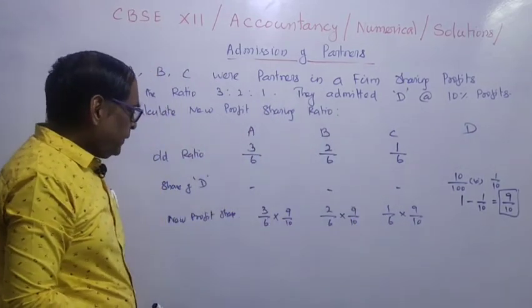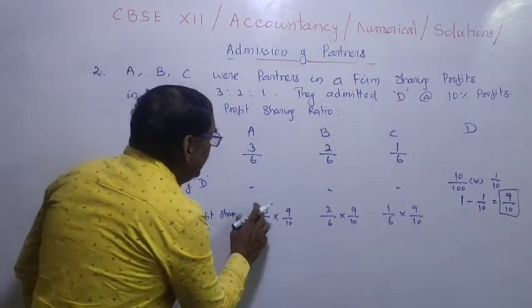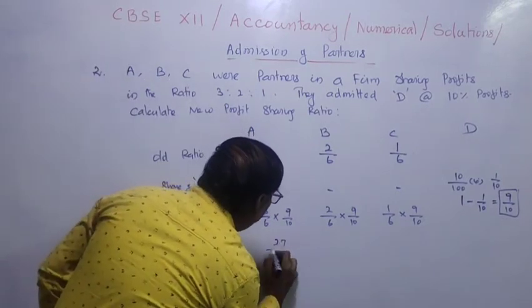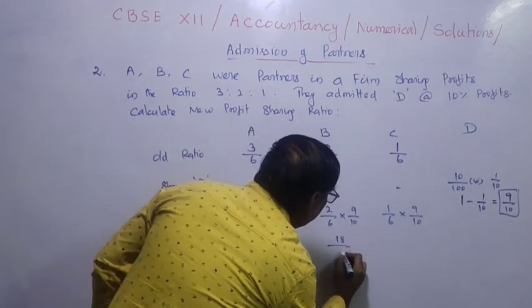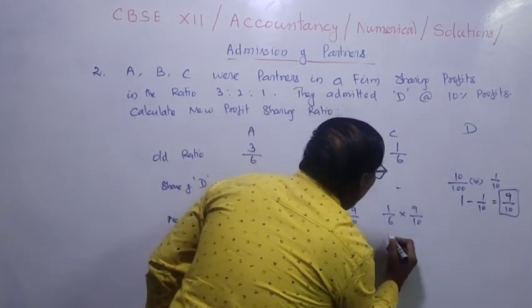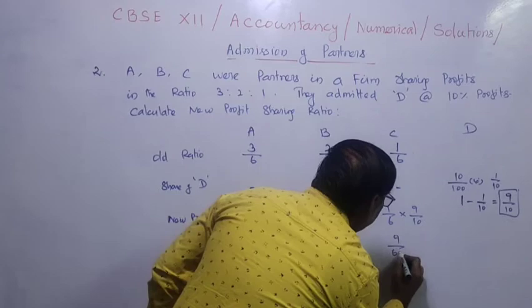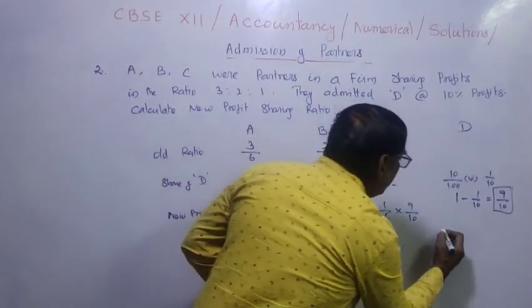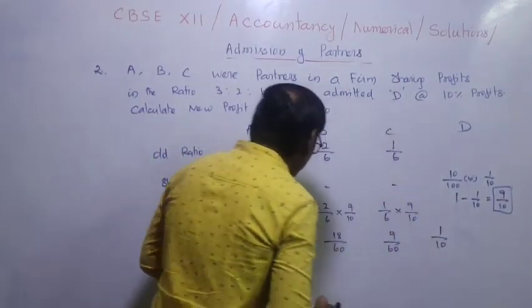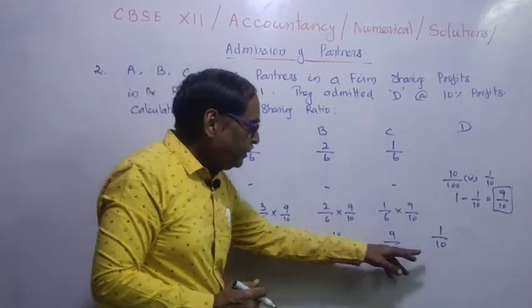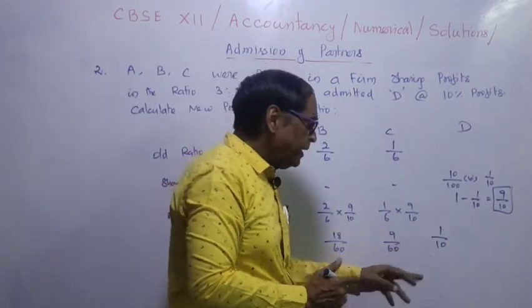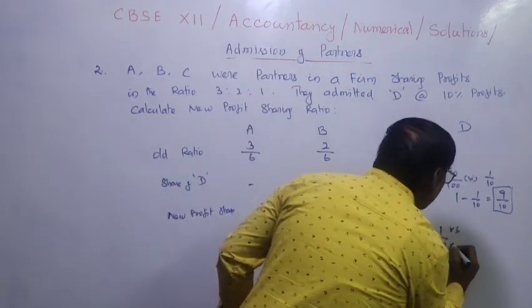So we can multiply this. 3 into 9, 27 divided by 60. 2 into 9, 18 divided by 60. 1 into 9, 9 divided by 60. D's share is 1 by 10. As the denominator is 60, we have to multiply both the numerator and denominator by 6.